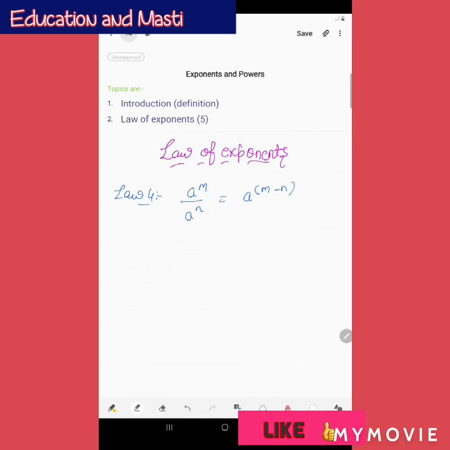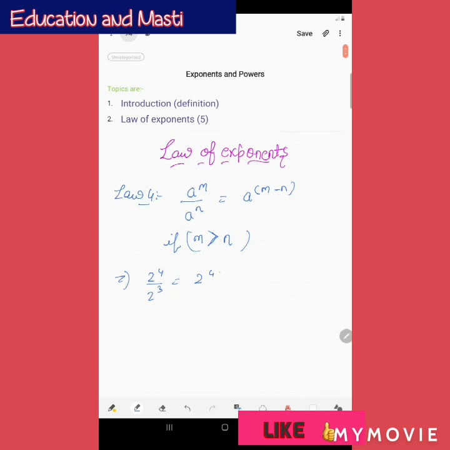So in that case, if division is there, then we subtract the indices from one another. In that case, with m minus n, m will of course be greater than n. Only if m is greater than n will we do this. Questions will be given similar to this only, like suppose 2 to the power 4 by 2 to the power 3 is given. Okay.